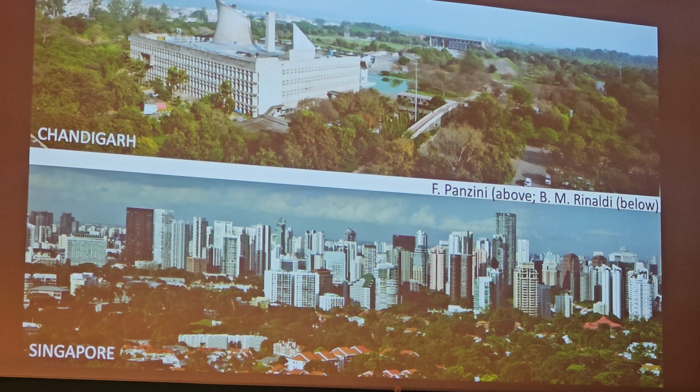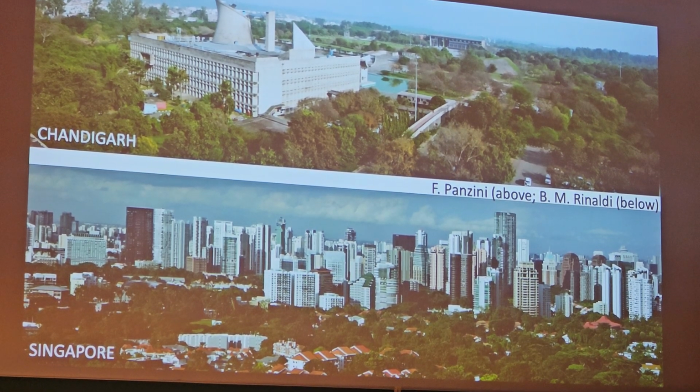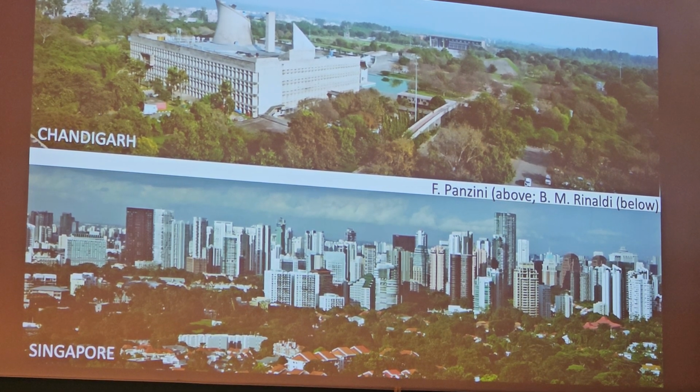So this is something I actually take from Bianca Rinaldi, who presented also during the Metropolitan Park Seminar. And she's been doing study for quite some time in Singapore and Shanghai. So looking at, say, new cities, cities designed, Chandigarh, of course, by Le Corbusier, designed as a new capital.